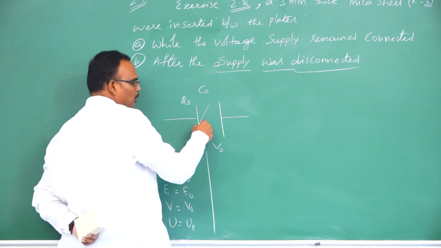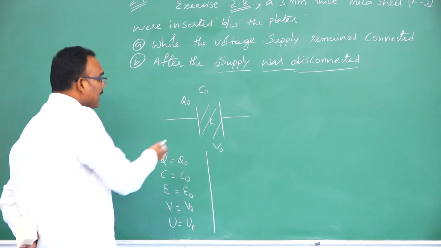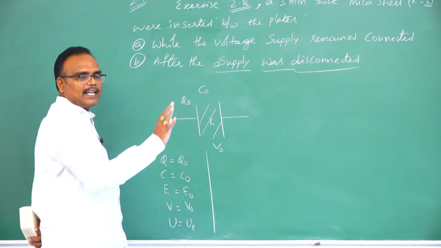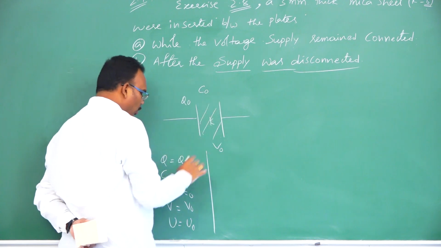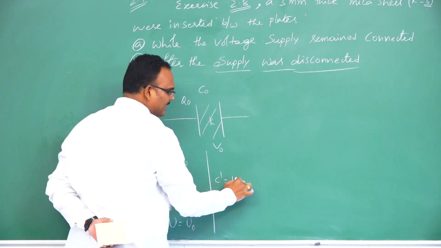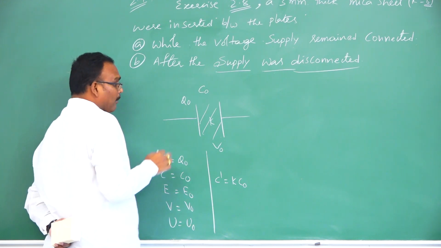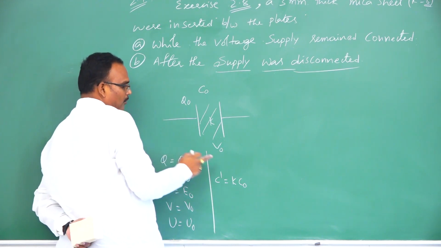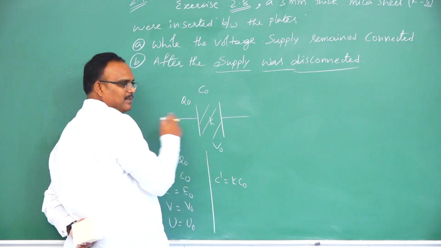Now if I introduce a dielectric slab of dielectric constant K in the absence of the external source, what will happen? Capacitance, as I have told, blindly increases to KC naught. But here you see carefully. When capacitance increases by K times, potential decreases by K times.